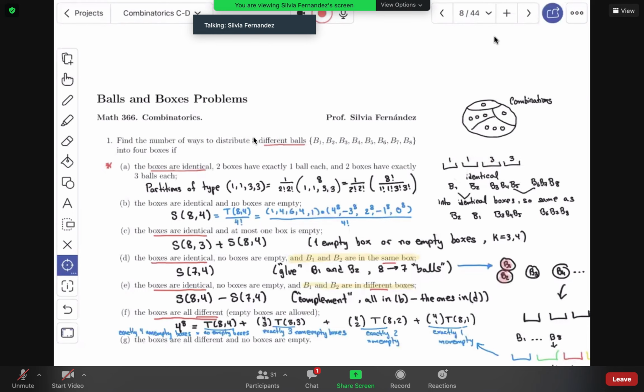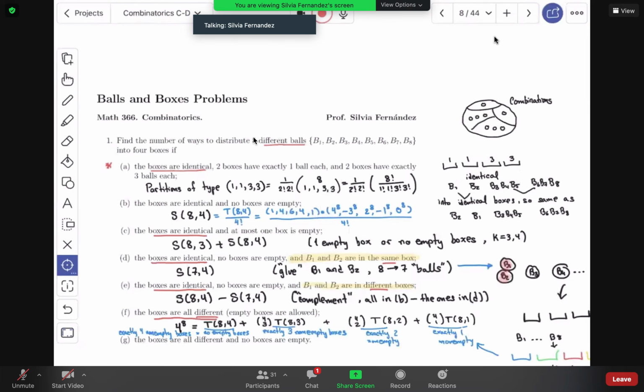Then what we do is we choose: this 8 choose 1, 1, 3, 3 just means we choose 1 from 8, then from what remains you choose another one, and from what remains you choose 3, and from what remains you choose 3. So that will be the answer. The 8 choose 1, 1, 3, 3 will be the answer if the boxes were different.